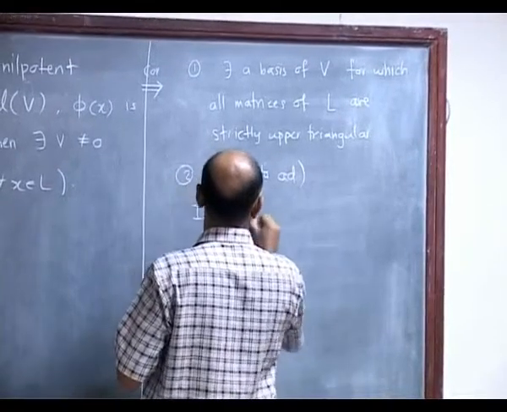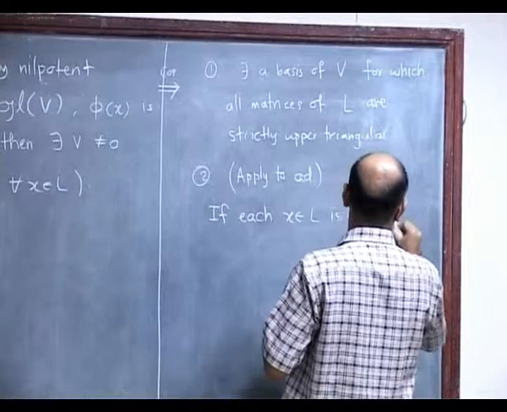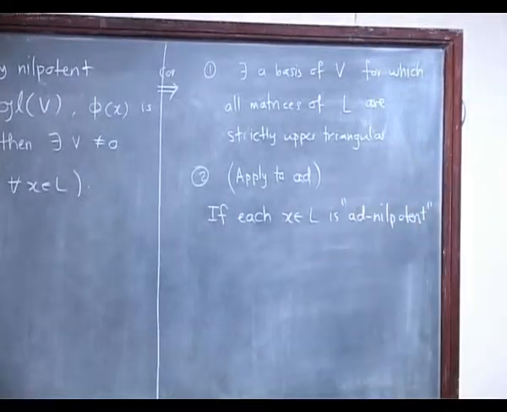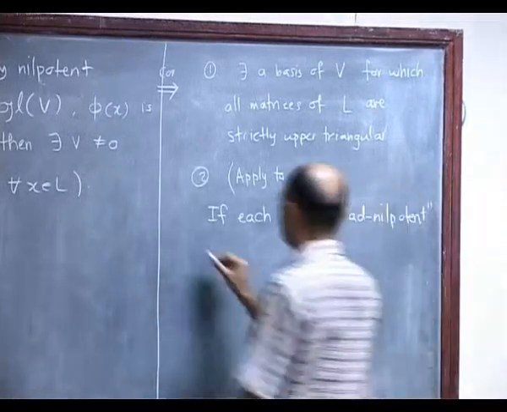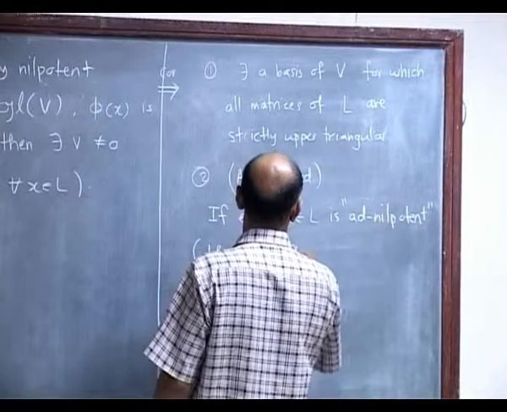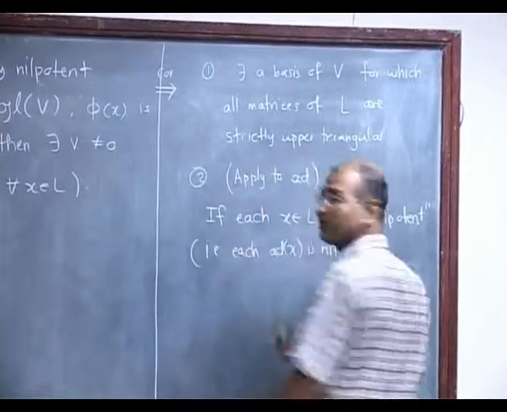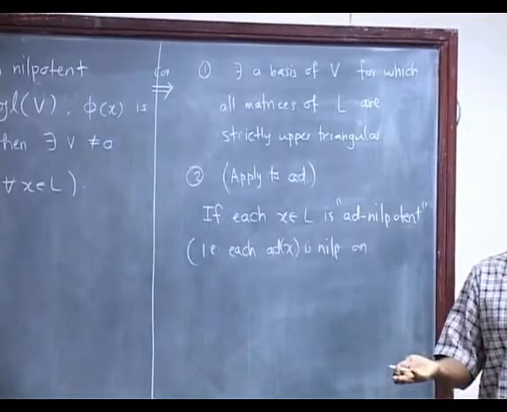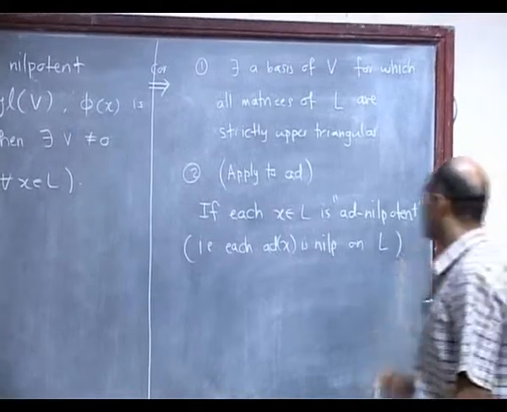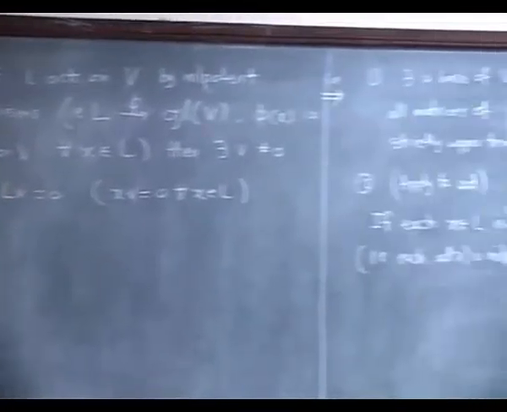If each x in L is ad nilpotent, this is the terminology of the book, but all that it means is that each ad x is a nilpotent operator on L. Here is L itself. Let's apply this theorem.